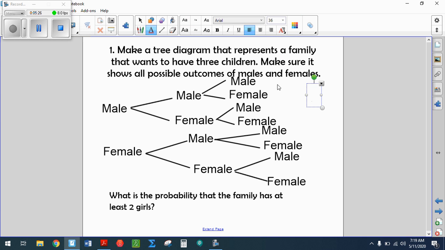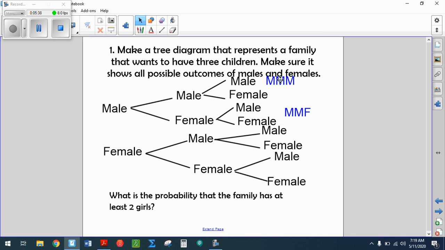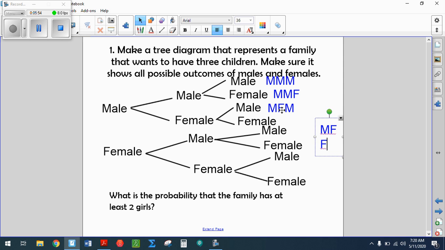Just use the first letters. We can say the top one was MMM. The next one was MMF. So we had 3 males. We had the 2 oldest being male and the third being female. We had male, female, male. So you might be in a family where you have an older brother, a middle sister, and a younger brother. We had male, female, female.